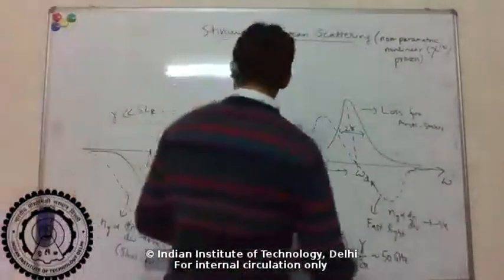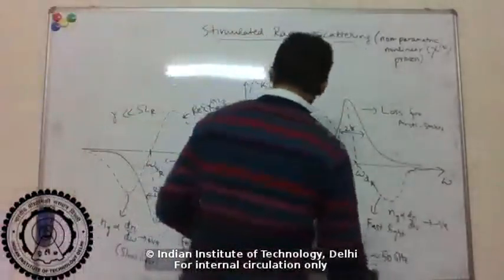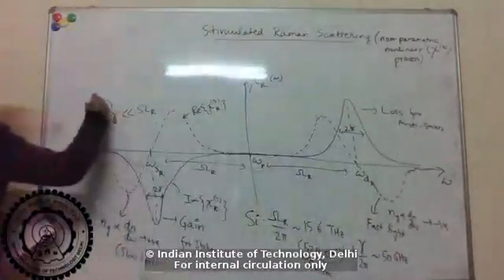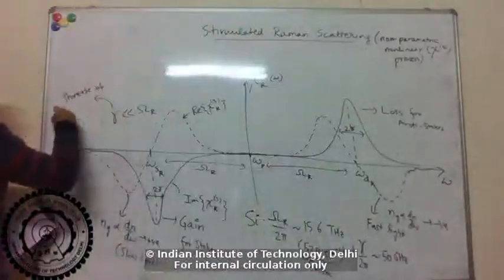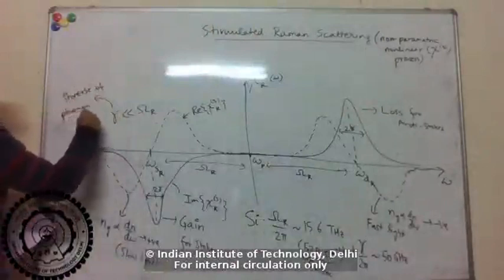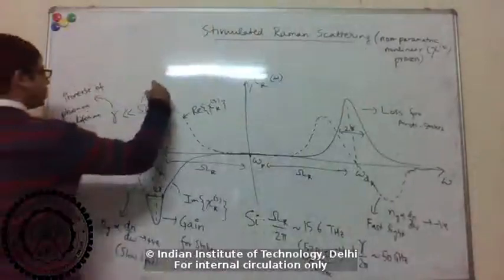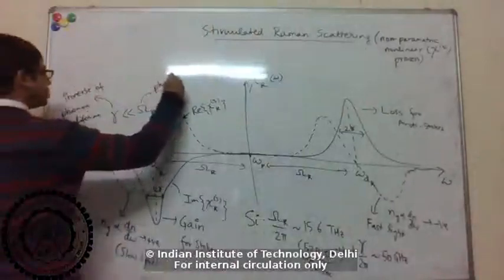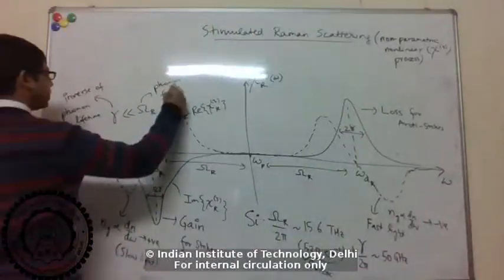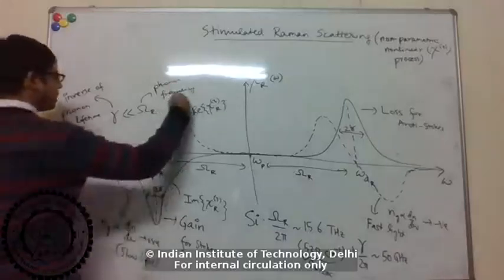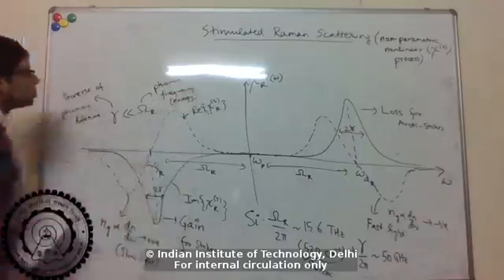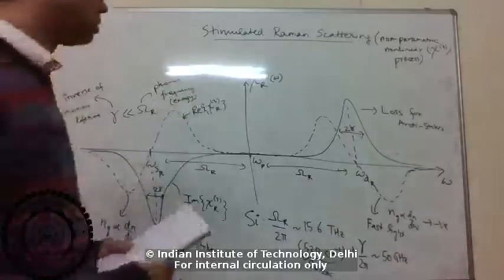So gamma is the inverse of phonon lifetime, right? And omega is basically the phonon frequency, or proportional to the energy of the phonon, h cross omega.